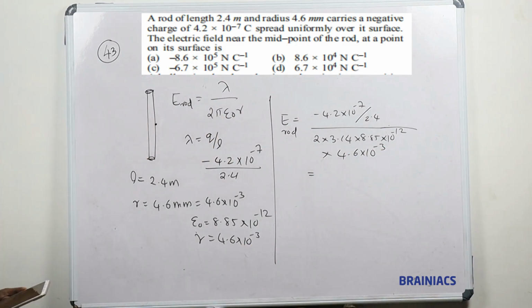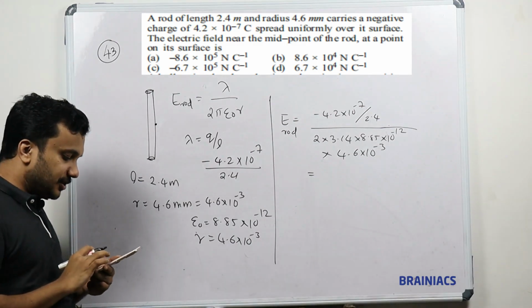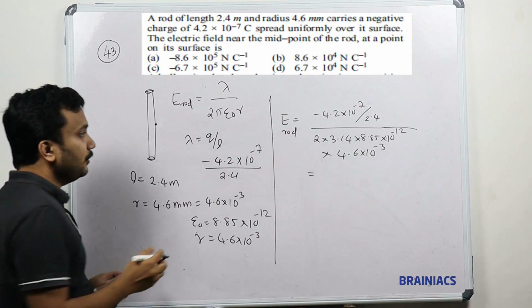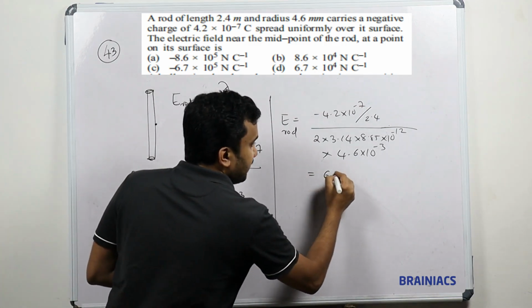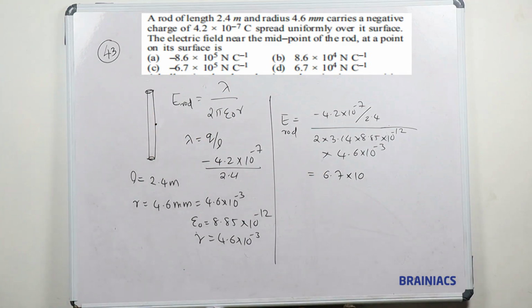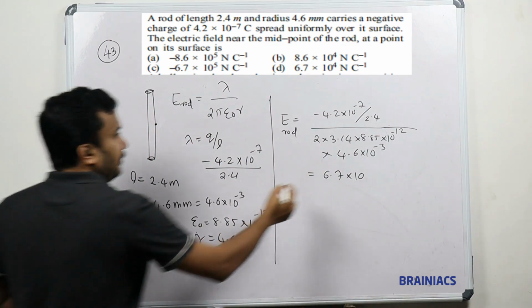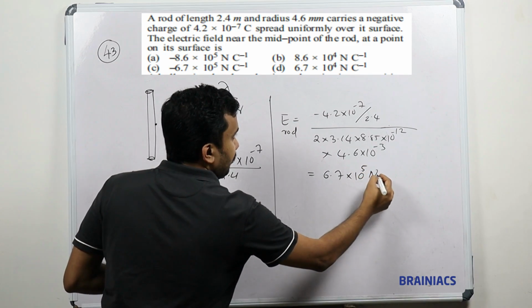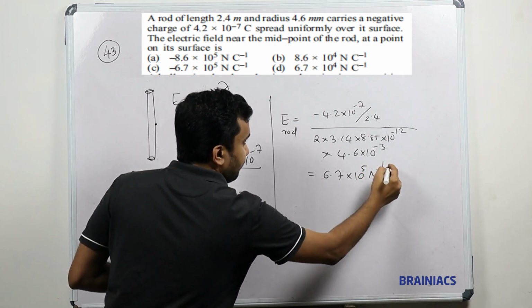You have to take some time to solve this calculation. I already solved it, and this is approximately 6.7 into 10 power of 5.